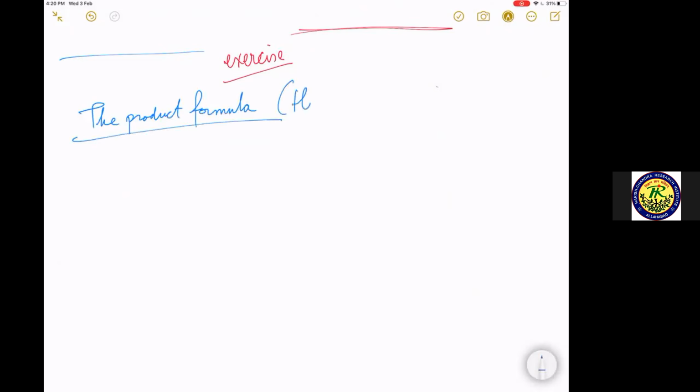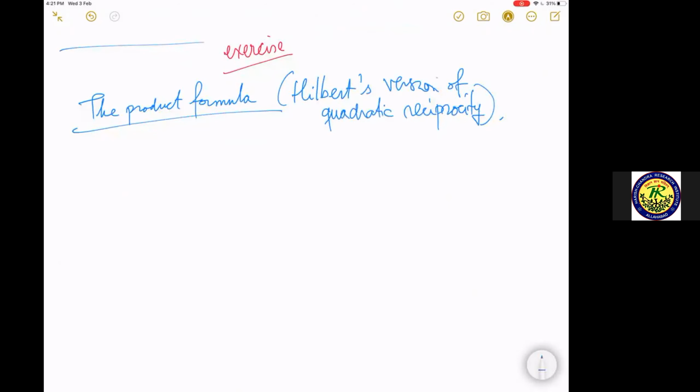This was the way Hilbert himself proved Hilbert's version of quadratic reciprocity. Some of you might have seen this business of quadratic reciprocity, and here is how Hilbert reformulated it, and it was a very important development to rewrite it in the following fashion.